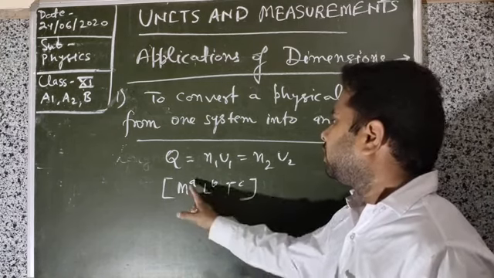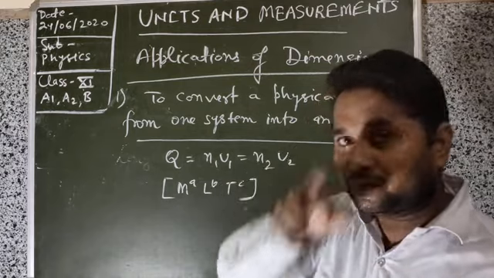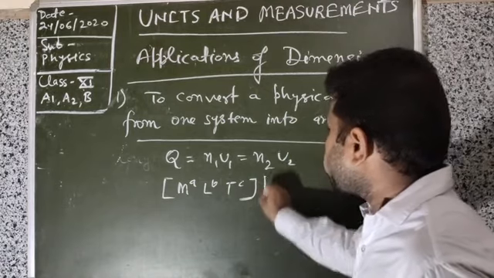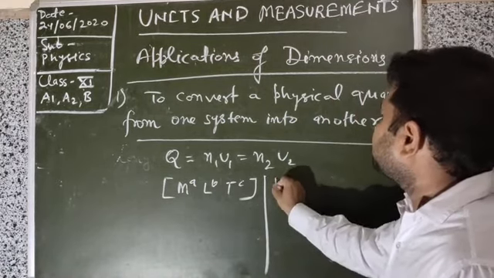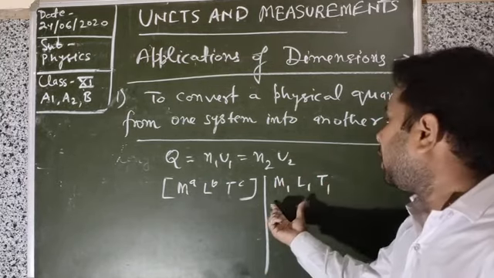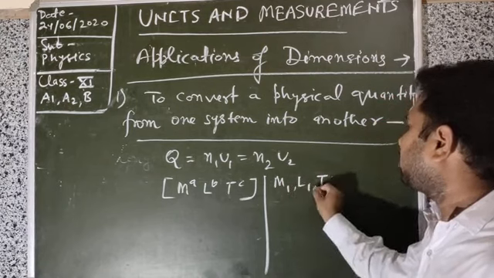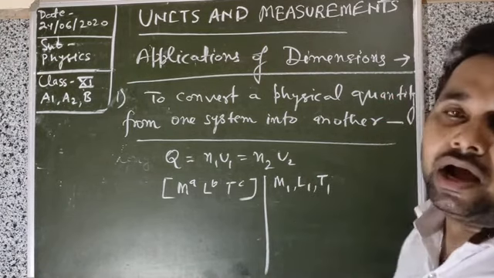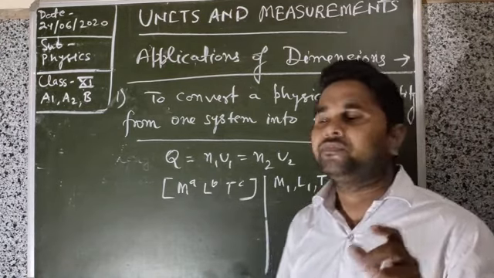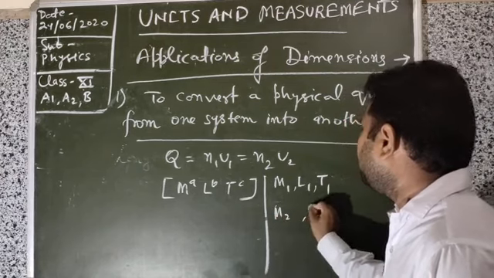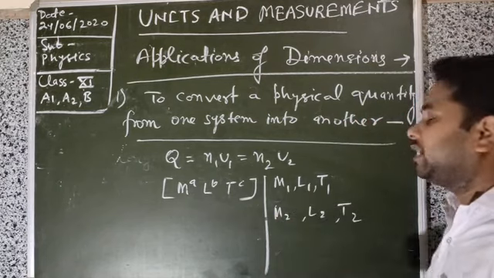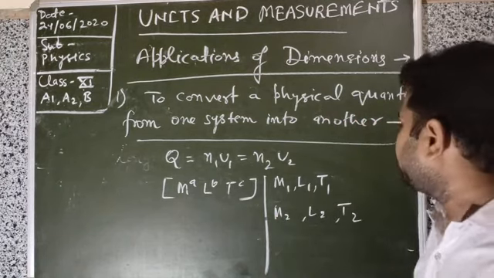This is the formula; a, b, c are the exponents of the given physical quantity. And suppose M1, L1, T1 are the sizes of mass, length and time in the first system of unit, and M2, L2 and T2 are the sizes of mass, length and time in the second system of unit.